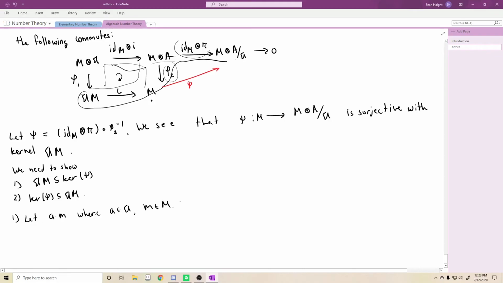Okay, so psi of a dot m. Okay, so just using the definition of what psi is, this is going to be id_m tensor pi of varphi2 inverse of a dot m.